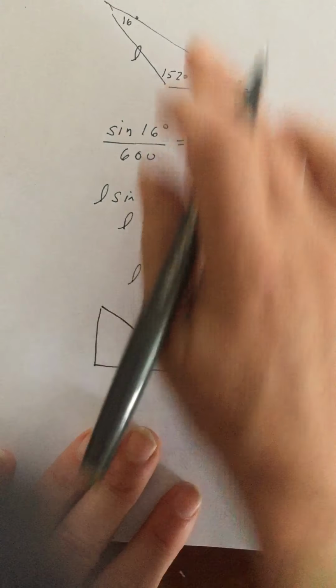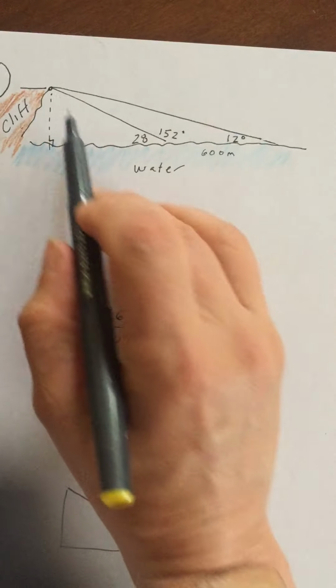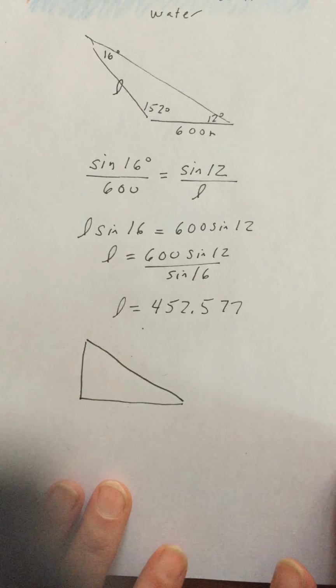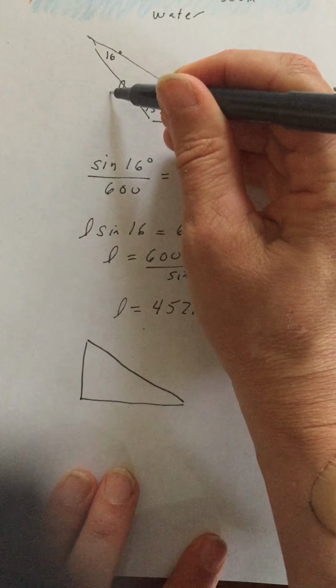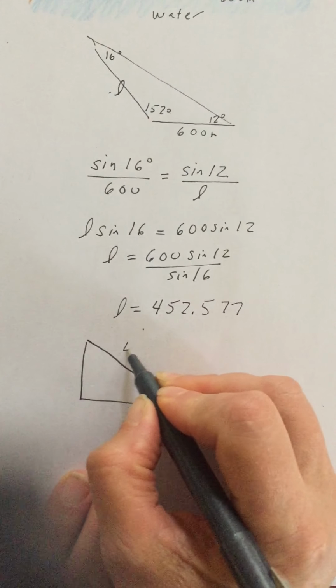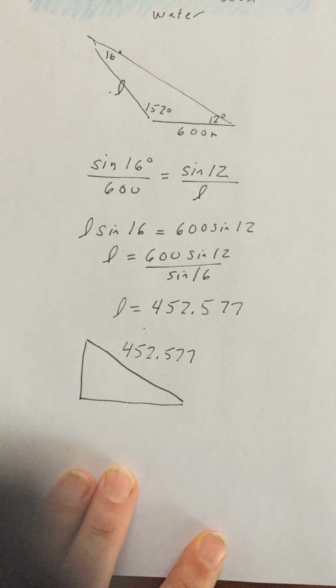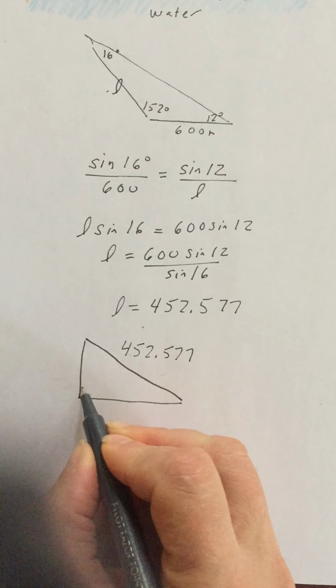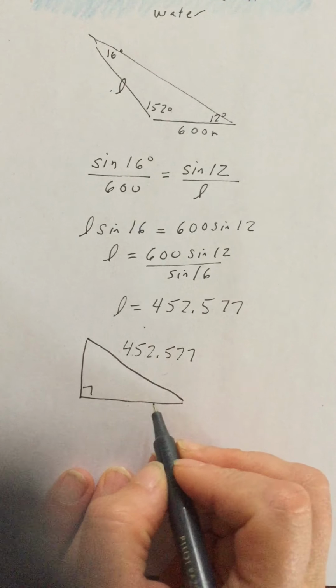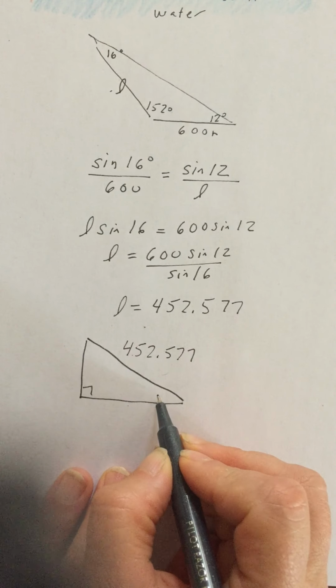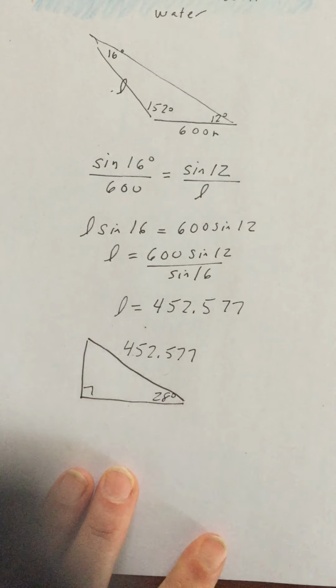Okay, so in other words, take this part of the picture here, just take that right triangle and rewrite that. Okay, so you'll take your L value, the 452.577, okay, and you have a right angle, and you also know that this is 28 degrees.